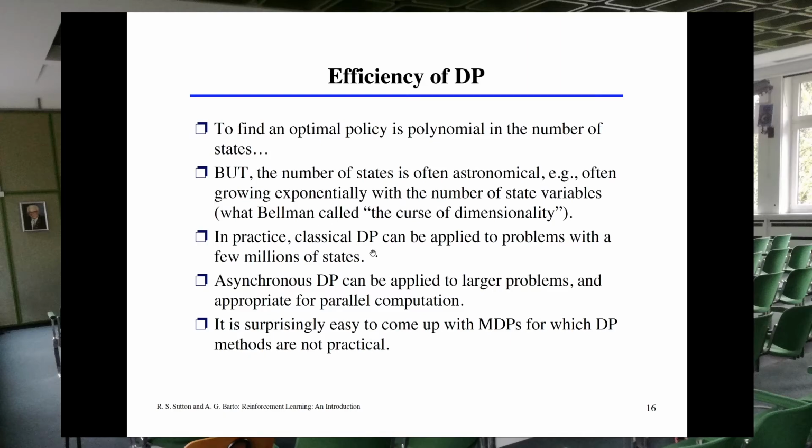In practice, classical dynamic programming can be applied to problems with a few millions of states. Asynchronous dynamic programming can be applied to larger problems and is appropriate for parallel computation. If you want to apply complete sweeps, you can tackle problems with millions of states. But if your MDP is larger than that, then it is better to use asynchronous. And I would say that even with less than millions of states, it is better to apply asynchronous because it is faster.